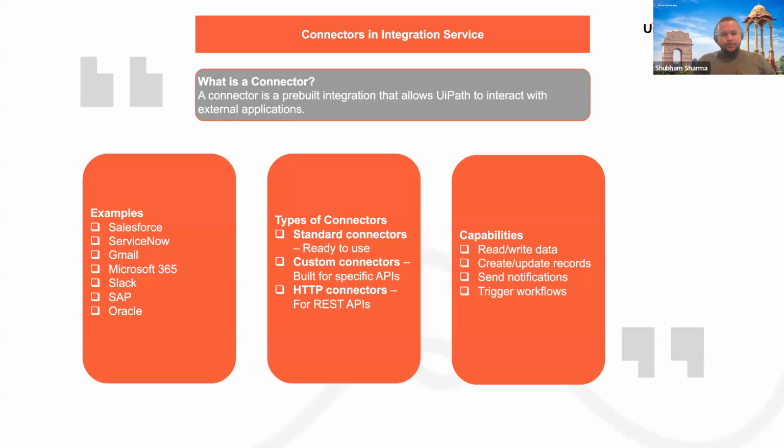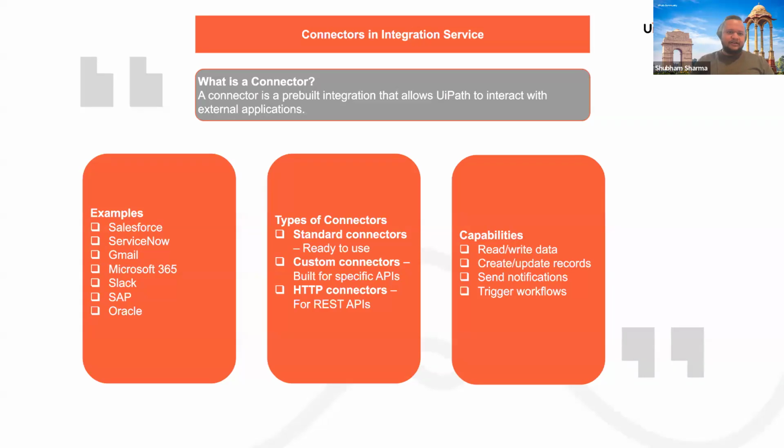A connector is something where we can have any third-party application, like Salesforce, SAP, Oracle, or any other CRM application or any other application which we want UiPath to be connected with. UiPath already has a catalog with more than hundreds of connectors. We can create our own custom connector as well.